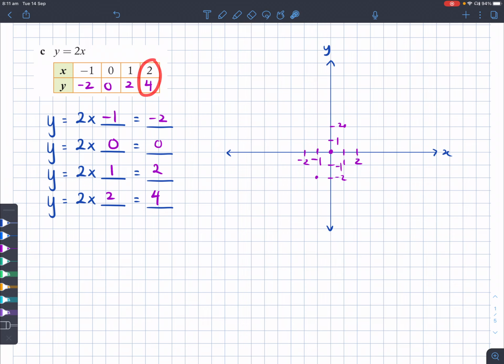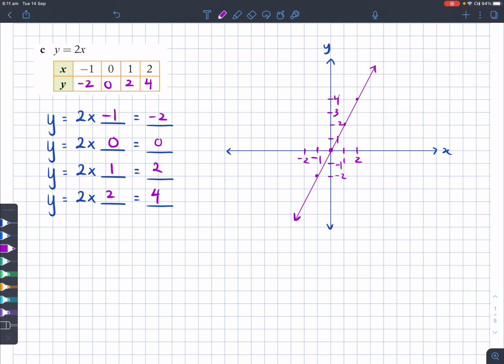And then 2, 4, which means 2 to the right and then 4 up. Whoops, it should be somewhere there. I'm just going to plot just a few more values like that. And I'll have 2, 4 right there. Okay, so if I join those dots up, I'll get this straight line. There we go. All right, and that is the linear graph for y equals 2x.